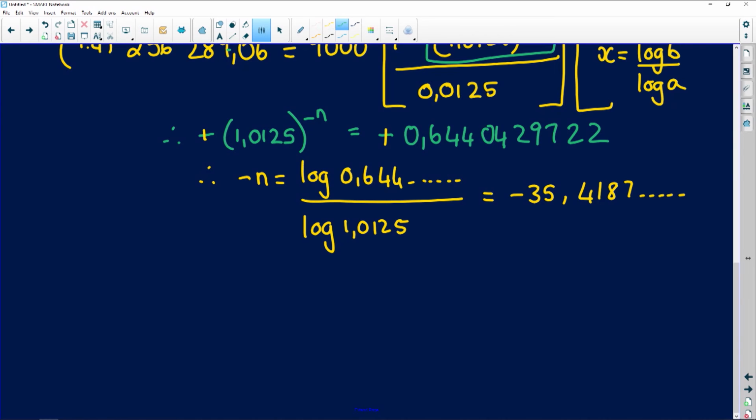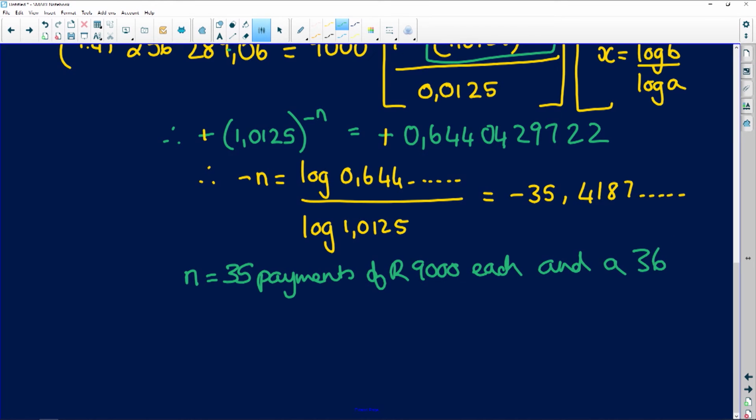What does this answer mean? Let's see. This tells you that there will be 35 payments of 9,000 Rand each and a 36th payment which is less than that 9,000. So in total then, the amount of time that was saved on this loan is the initial period of the loan.